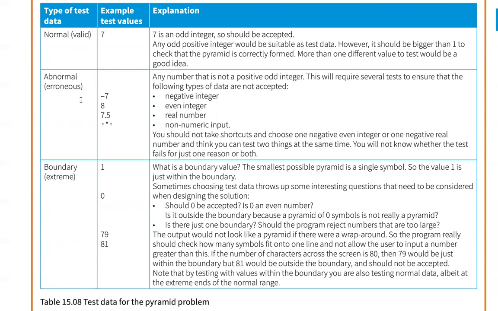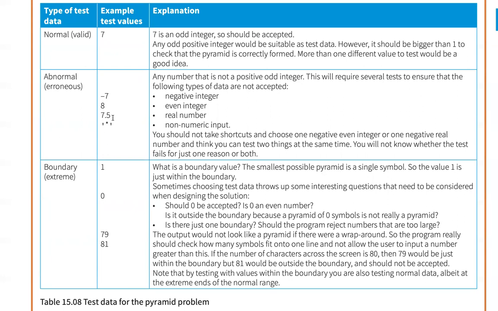However, if I want to see whether or not the program is generating errors properly, I could give it erroneous or abnormal values. For example, a requirement was a positive odd number. So if I give a negative odd number, that's an abnormal value, and my program should generate an error. Similarly, if I give 8, an even number, it should generate an error.